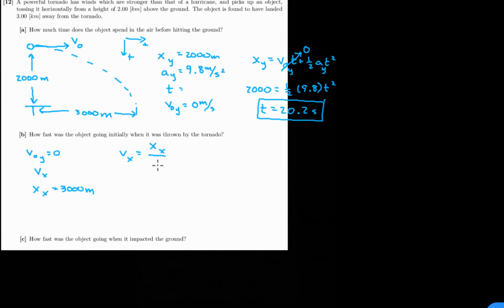So Vx is equal to 3,000 meters in 20.2 seconds. So the velocity when it originally left is 148.5 meters per second.